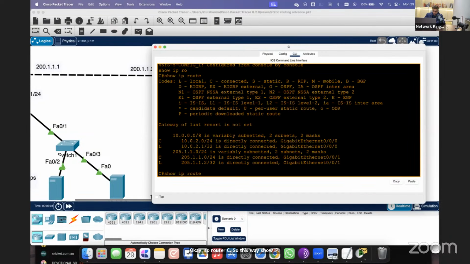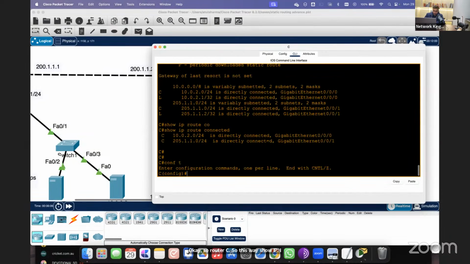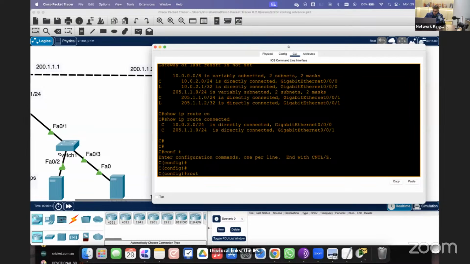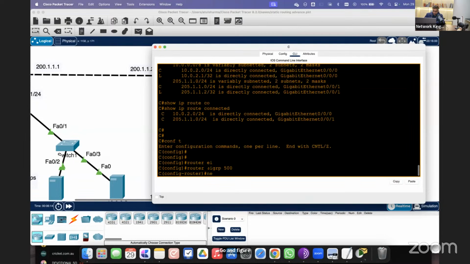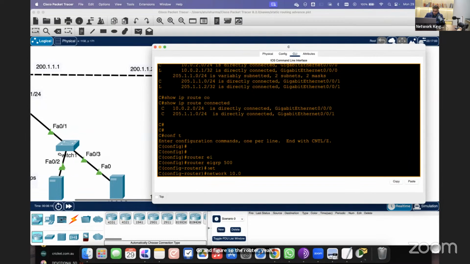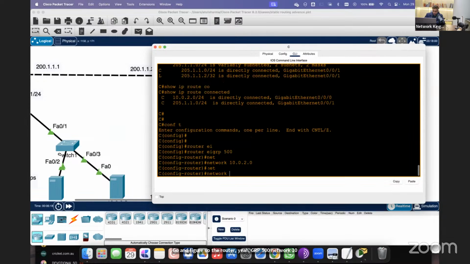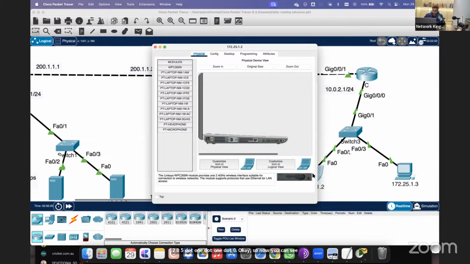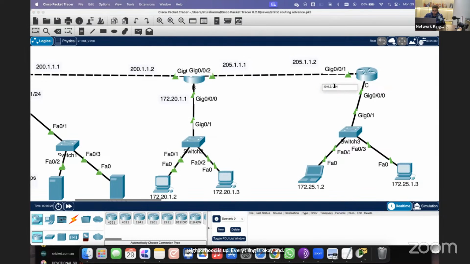Okay, so router C. So this way show ip route connected लगा देना, because else it will show you the local links, meaning the IPs configured. So router EIGRP 500, network 10.0.2.0, network 205.1.1.0. Okay, so now you can see neighborship is up, everything is okay, and these computers just have to be configured with a 10-something IP.